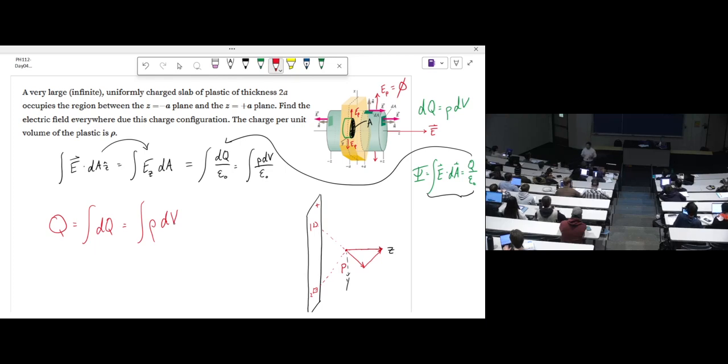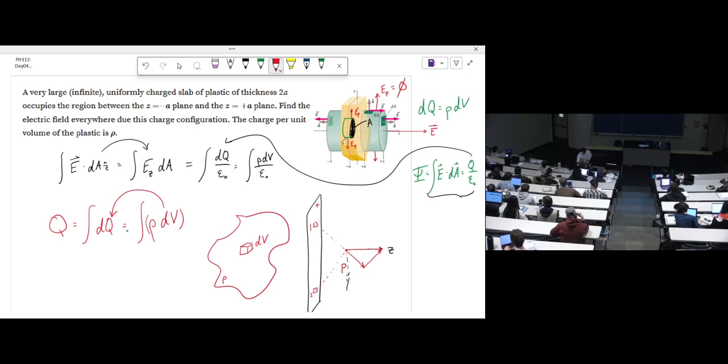If this is my region with charge density rho, and let's call this right here dV, then my charge density times this region of space is my differential amount of charge stored in that space.